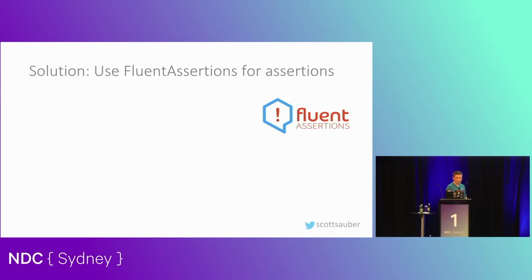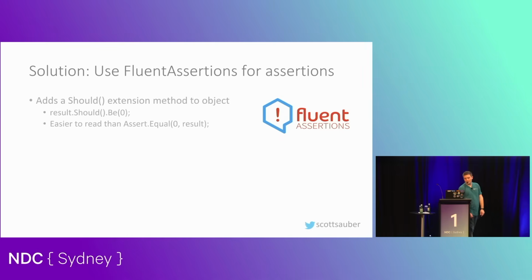So I like using Fluent Assertions, which Dennis Doomen, who created this, is I think giving a talk right now as well. But he's here, and what that looks like is it adds a Should extension method to object. So it'll just be result.Should().Be(0) versus Assert.Equal(0, result), which I think doesn't read as nice.